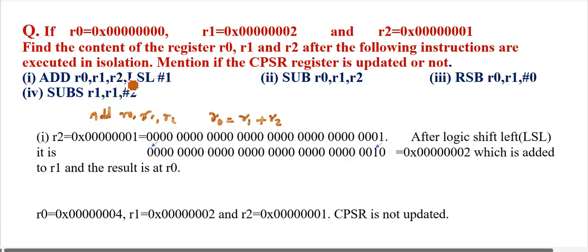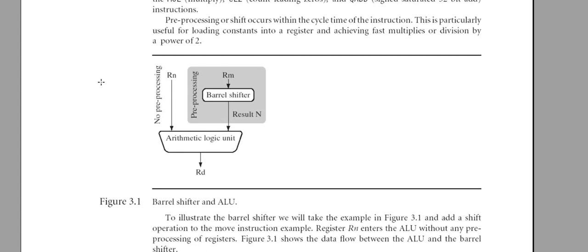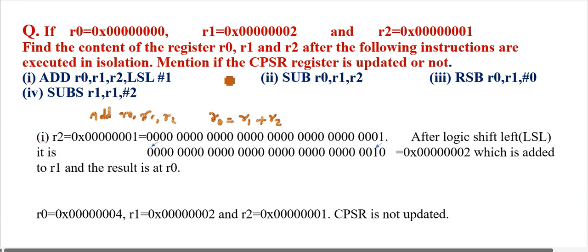R2, LSL. R1 will directly come. But R2 is pre-processed, logically shifted left by 1 time. Then I will add it to R1, then the answer will be stored in R0.